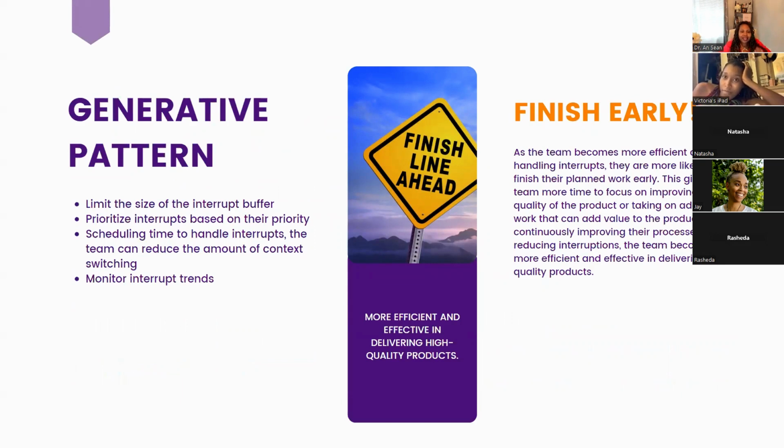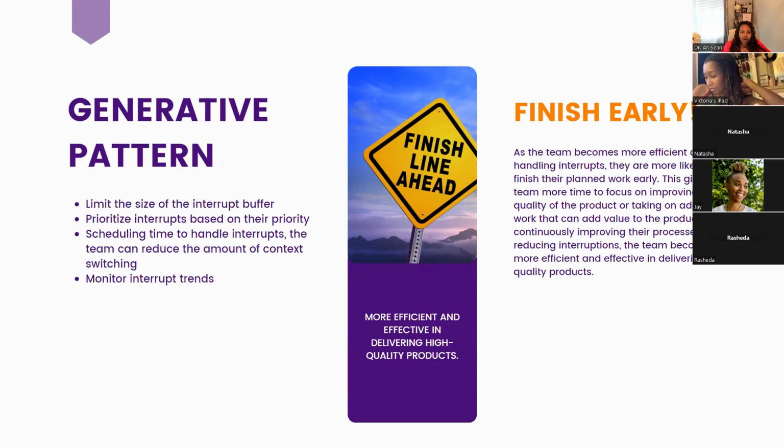That means limit the size of the interrupt buffer, prioritize interrupts based on their priority, and schedule time to handle those interrupts so that the team can reduce the amount of context switching, going back and forth between different features, back and forth in the code, right? And we have to monitor our interrupt trends.